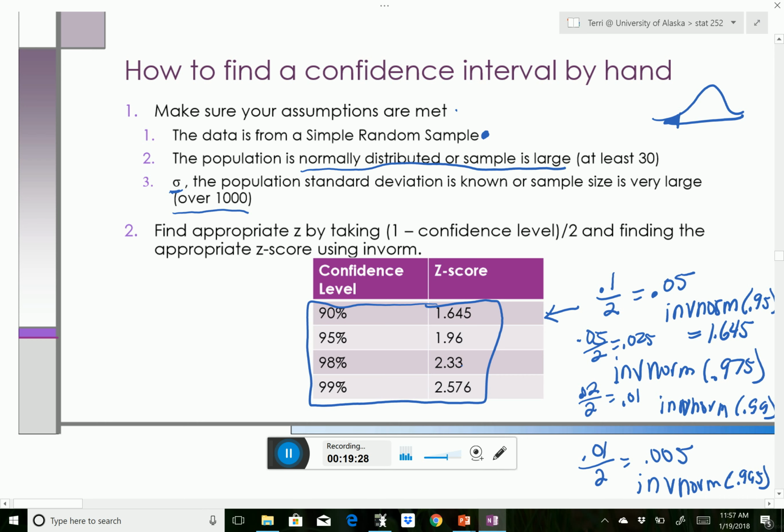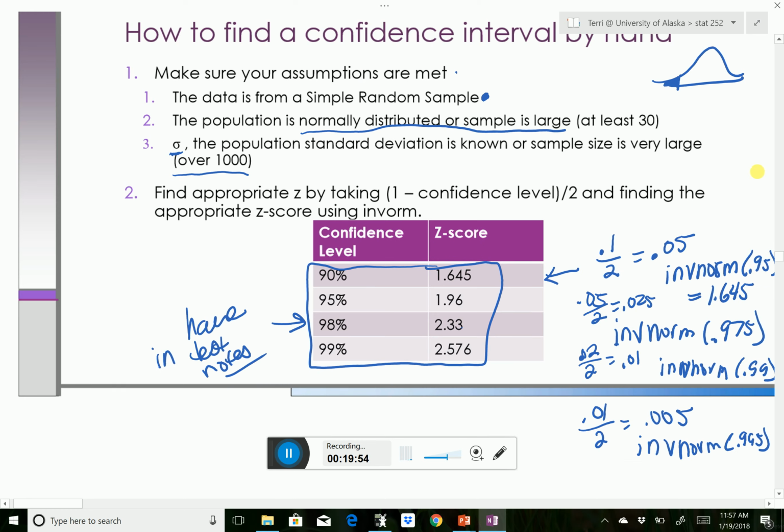So it's nice to have this table written on your cheat sheet for the test, so that even if you're using the calculator to find confidence intervals, there are some sample size things we're going to be doing later on that the calculator doesn't do. So this is an important chart to have in your test notes.